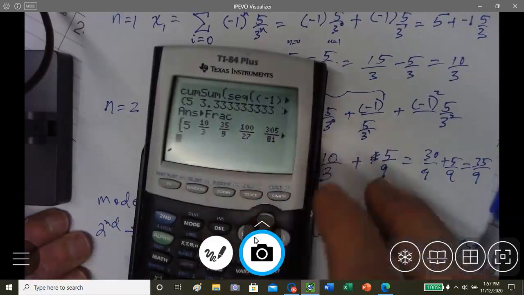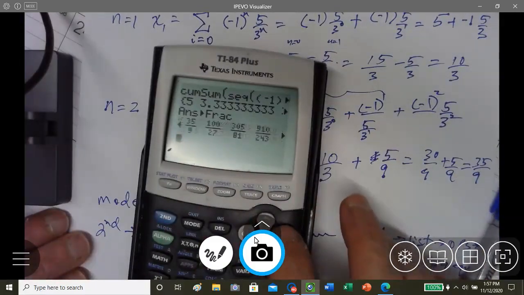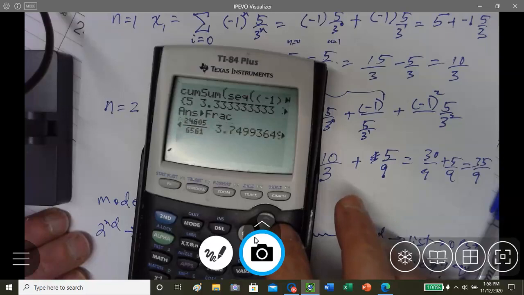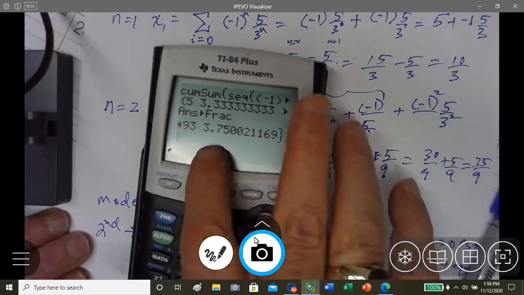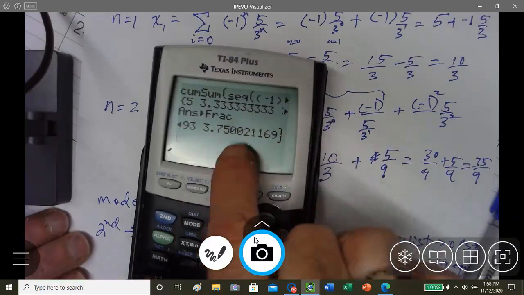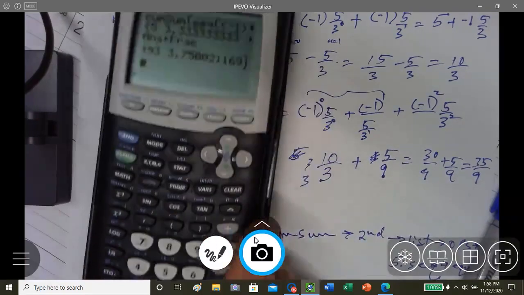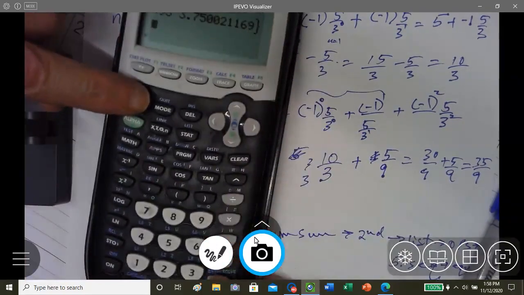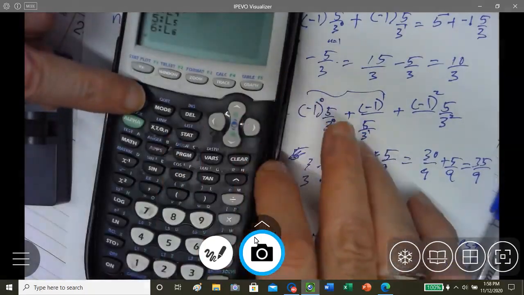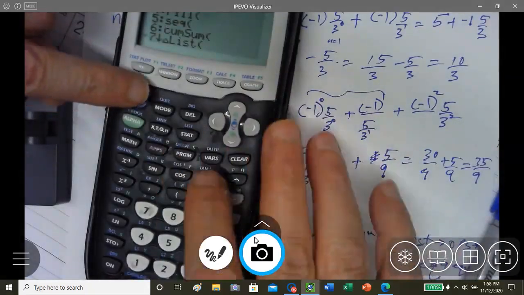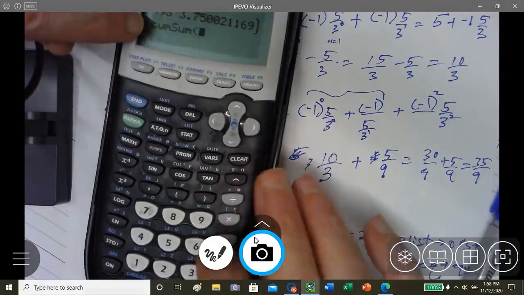So it's going in that sequence. And if we keep going, it's hard to tell, but if we keep going here, we get 3.799, 3.750, and so on.